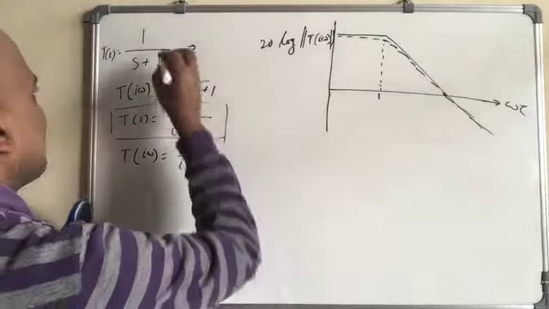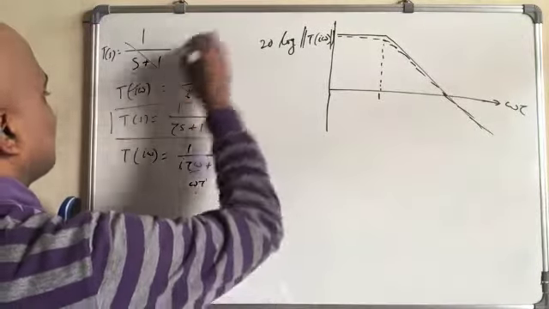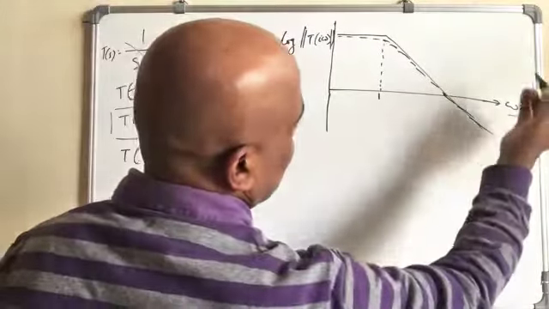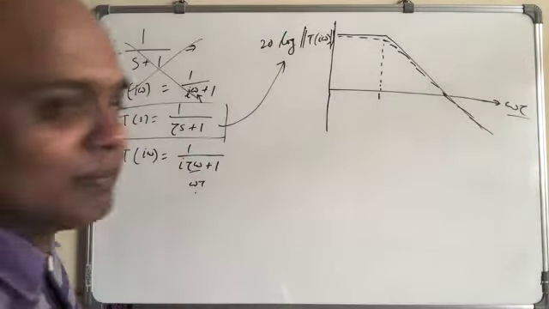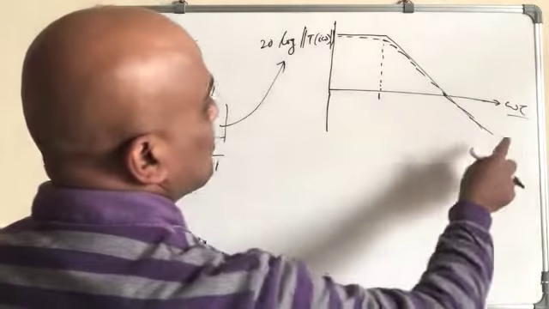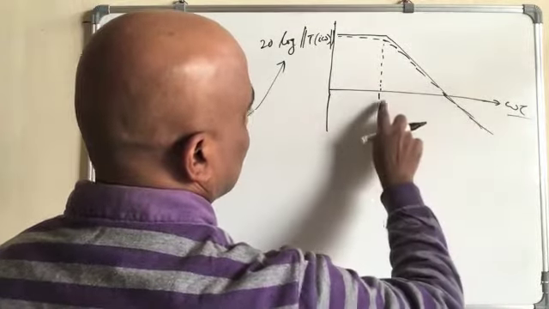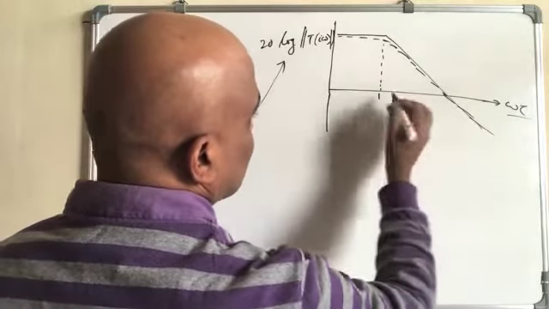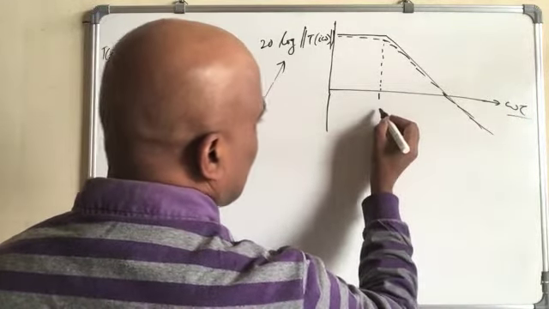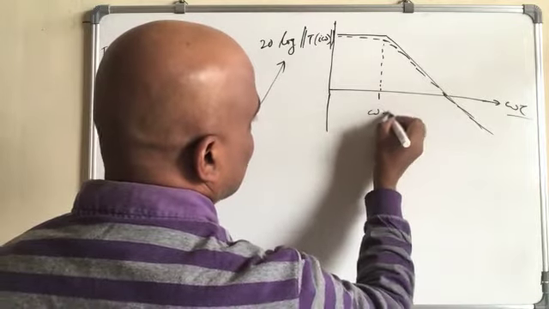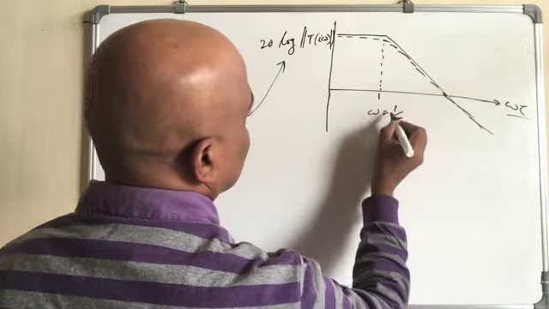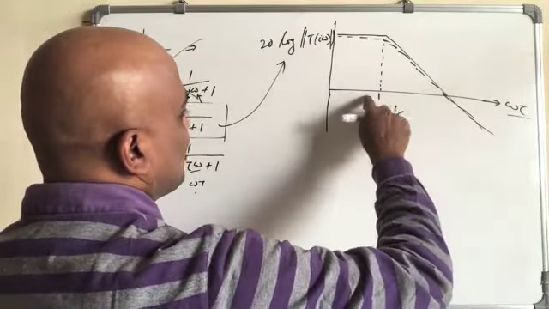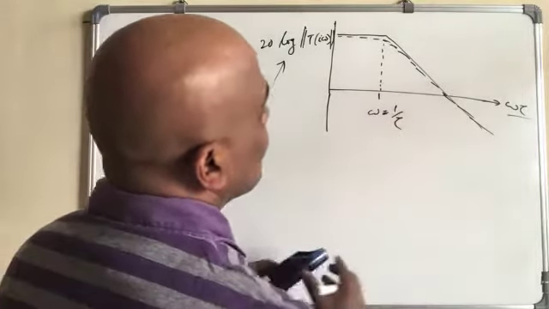And then instead of this one, you are now plotting this one, right? So you're just writing omega tau equal to 1, or you can write omega equal to 1 over tau here. Either you write omega tau equal to 1, or you write omega equal to 1 over tau.